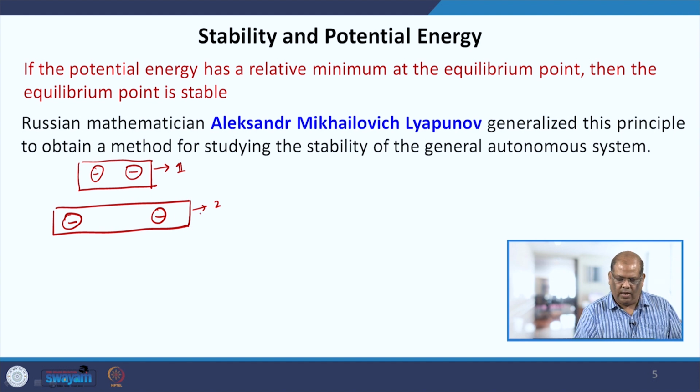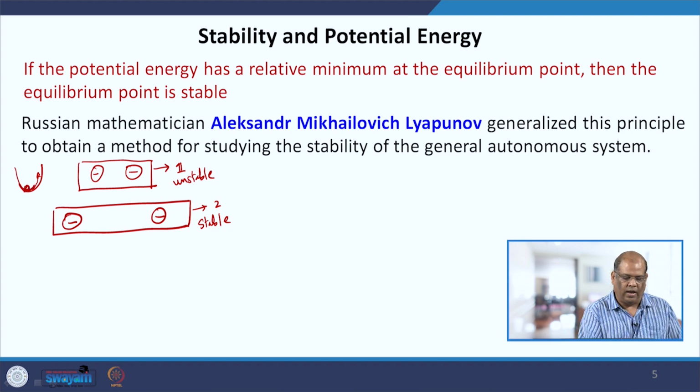Now, I say that setup 2 is more stable than setup 1. How is that? So, I say this is stable and this is unstable. Arrangement 2 is more preferable by nature than arrangement 1. Say you start from an initial condition, and if you drop a particle, obviously it will come here, oscillate a bit, and ultimately settle here.